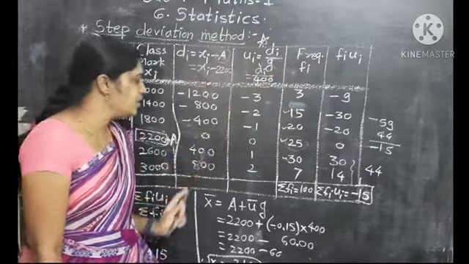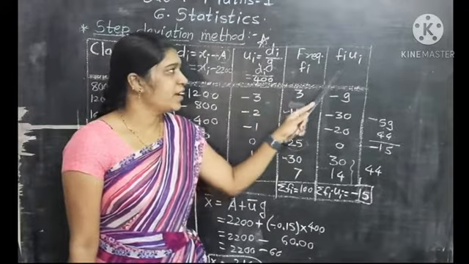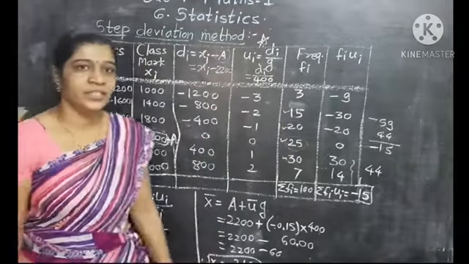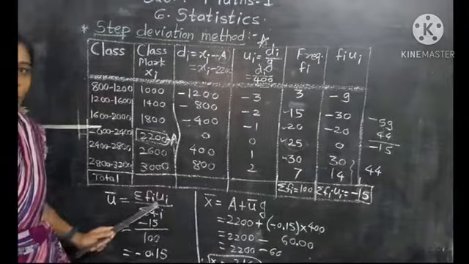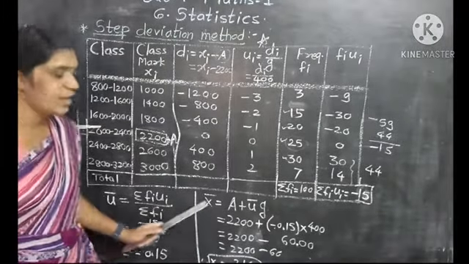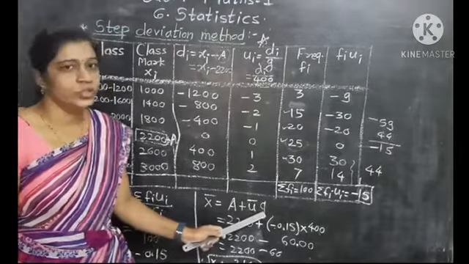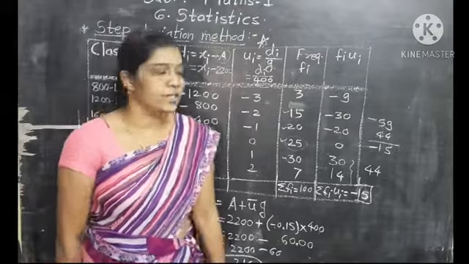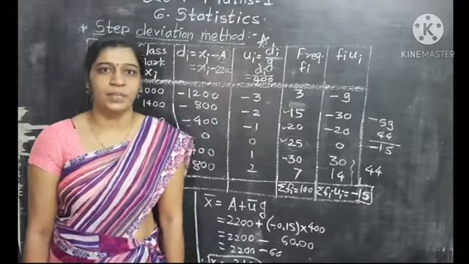We have to take the GCD of di. Fifth column is frequency fi and the last column is fi into ui. Okay, understand this first example, and then find u bar first, summation fi ui divided by summation fi, and then mean x bar is equal to a plus u bar into g. Put the values and calculate. Okay, this is the first example. We will see one more example on this.